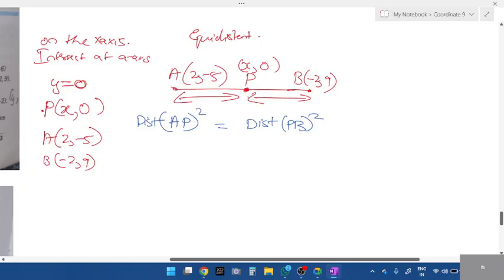Draw the diagram. P is in between. Whenever there are 3 points like this, this is the formula. Distance AP the whole square.